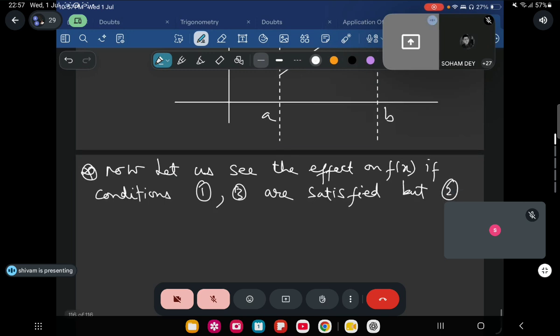That means f of x is not differentiable. So this one we have already seen. Rolle's theorem is also not verified.